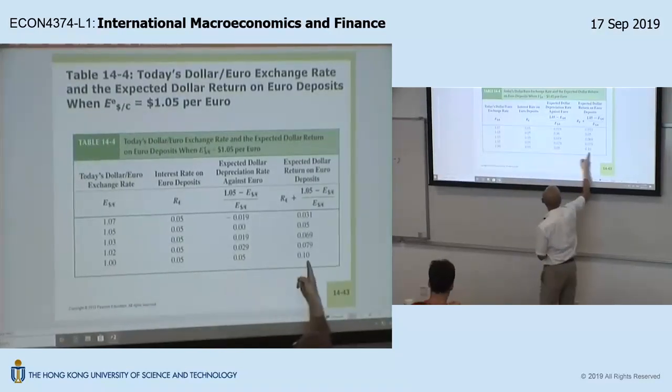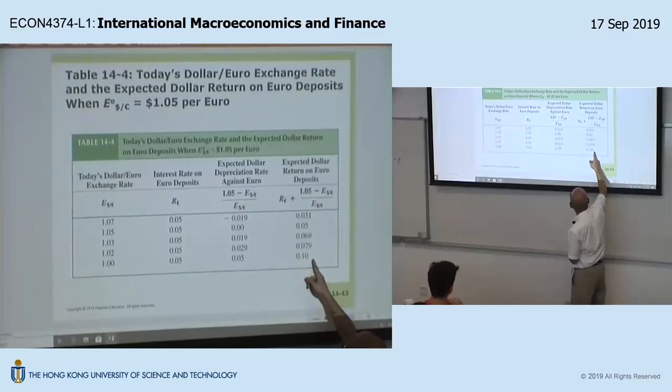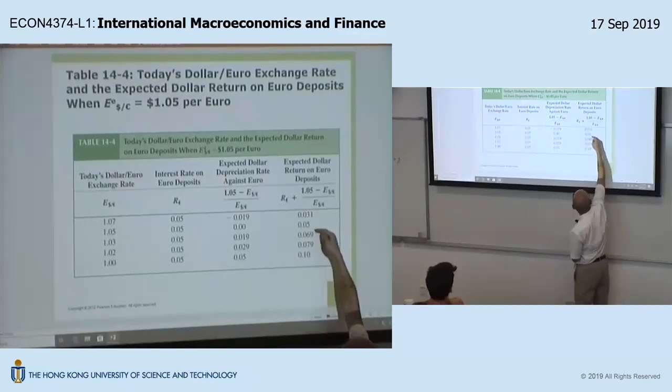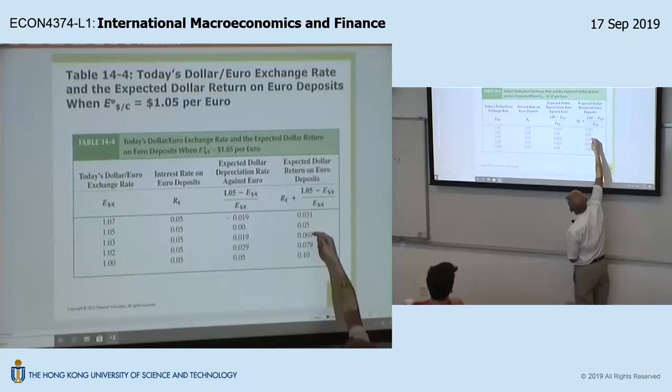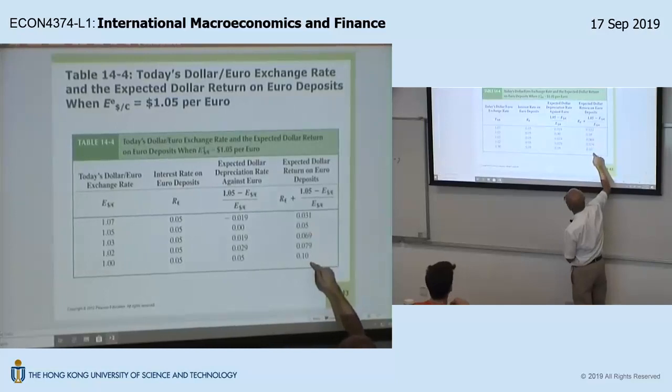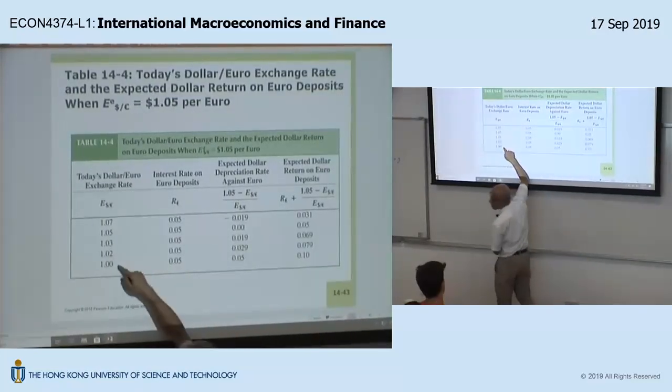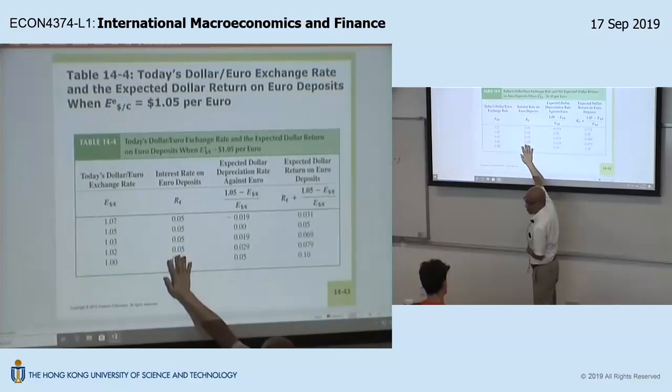So as a result, the expected dollar rate of return on euro deposit is even larger. So here you see that these numbers keep rising as this number keeps falling, given that this is constant.